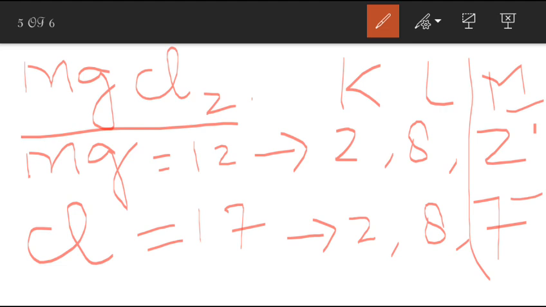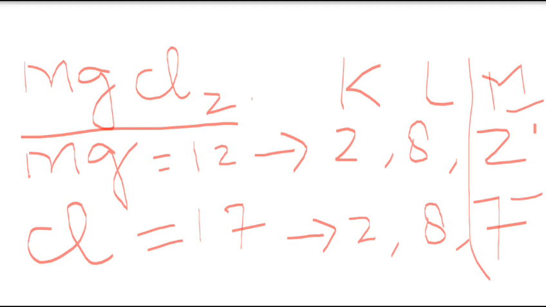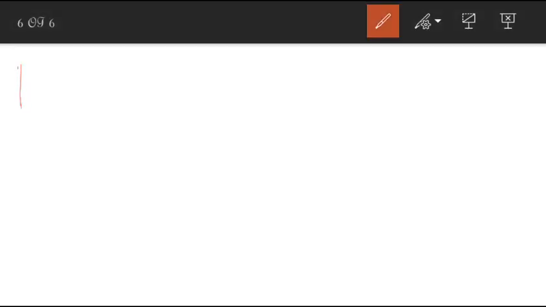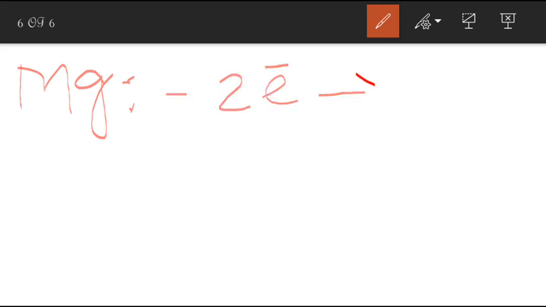So here you will note it down that magnesium will lose 2 electrons. Magnesium contains 2 electrons in its valence shell, so it will lose these 2 electrons and it will get converted into Mg2+.